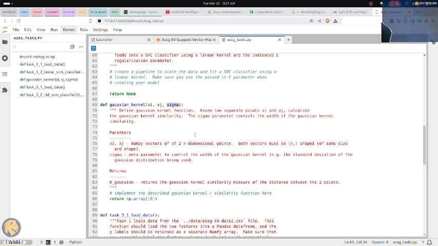We talked a little bit about how this Gaussian kernel works. This should just be calculating the Gaussian similarity between two vectors. Those should both be the same size, just a vector of some n dimensions.